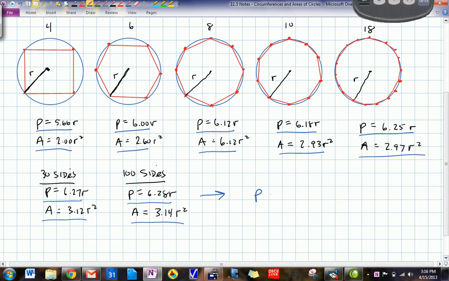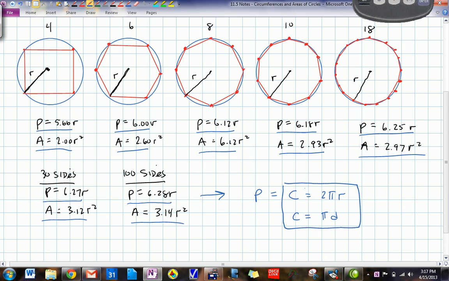So that means our formula for the perimeter, or we're calling it circumference, is equal to 2 pi times r. Now remember that if you take twice the radius, you get the diameter. So another formula for circumference is just pi times the diameter. Those are a couple of formulas that you can use to figure out the circumference of a circle.